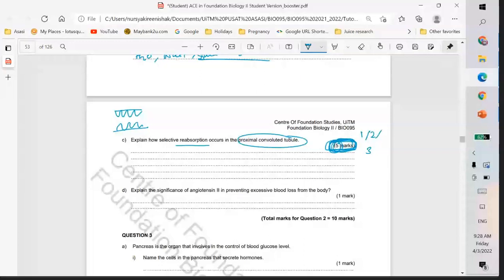I don't think there will be a 5-mark question. So that is question C.